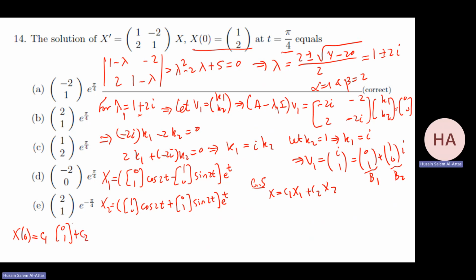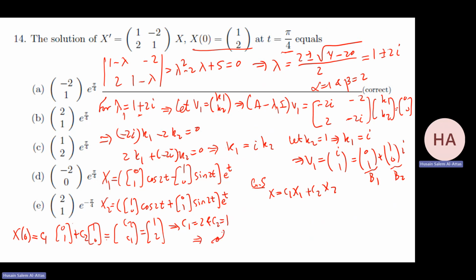Now what I have? Cosine 0 is 1, 1, 0, sine 0 is 0, and e to the power 0 is 1. That is C2, C1, and that is equal to 1, 2. So C1 equals 2 and C2 equals 1.